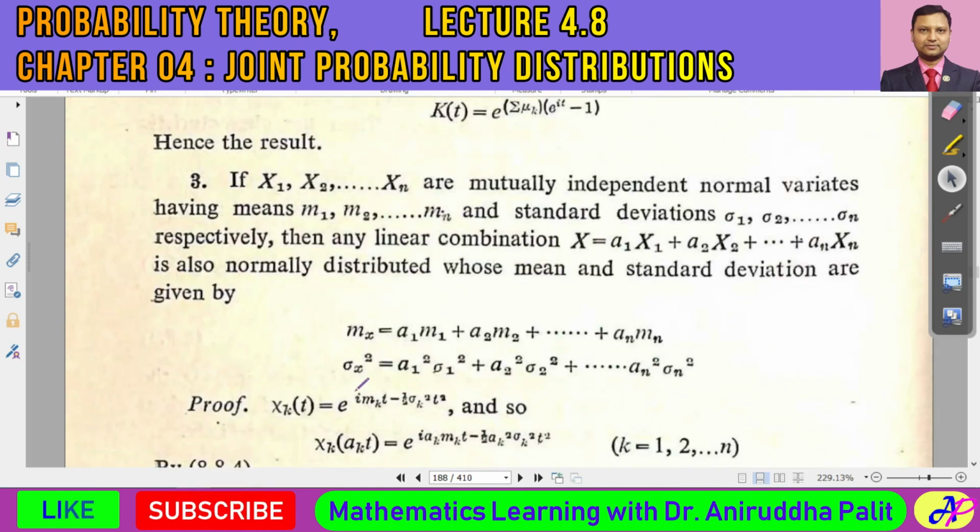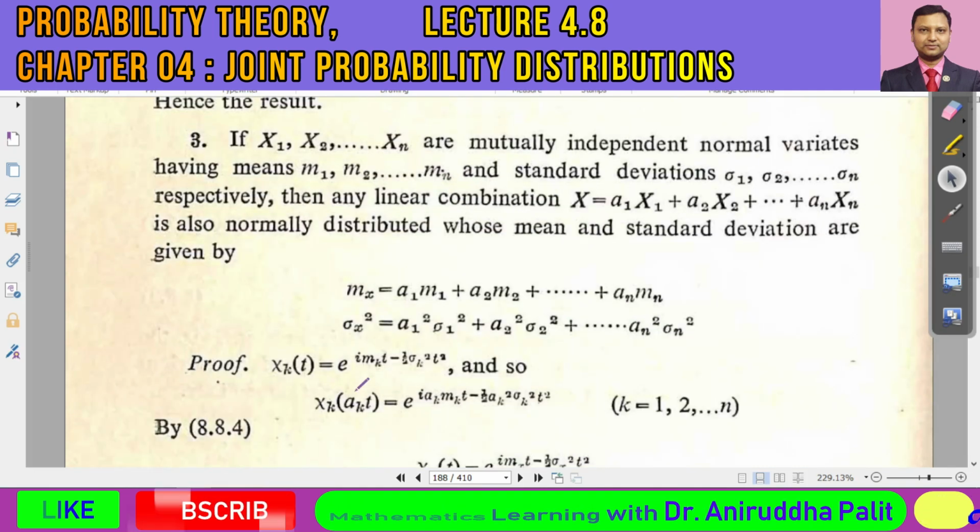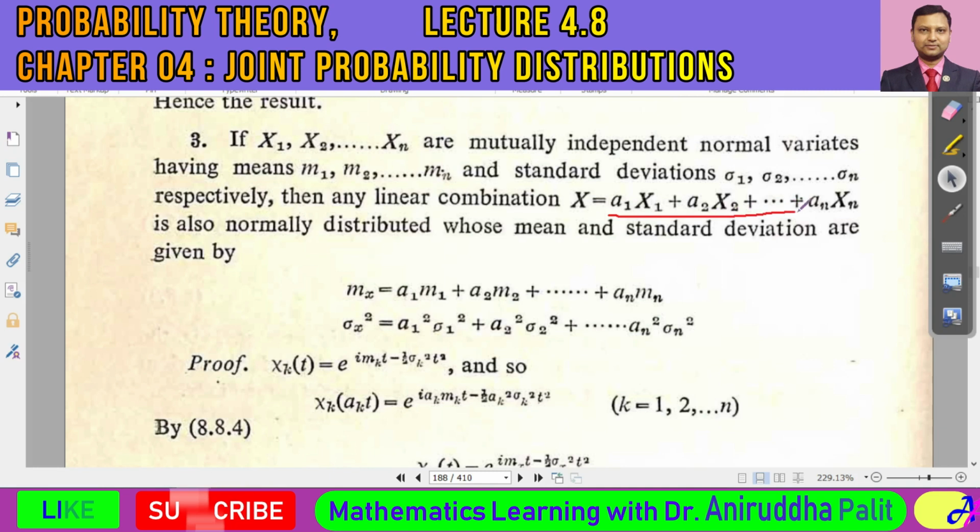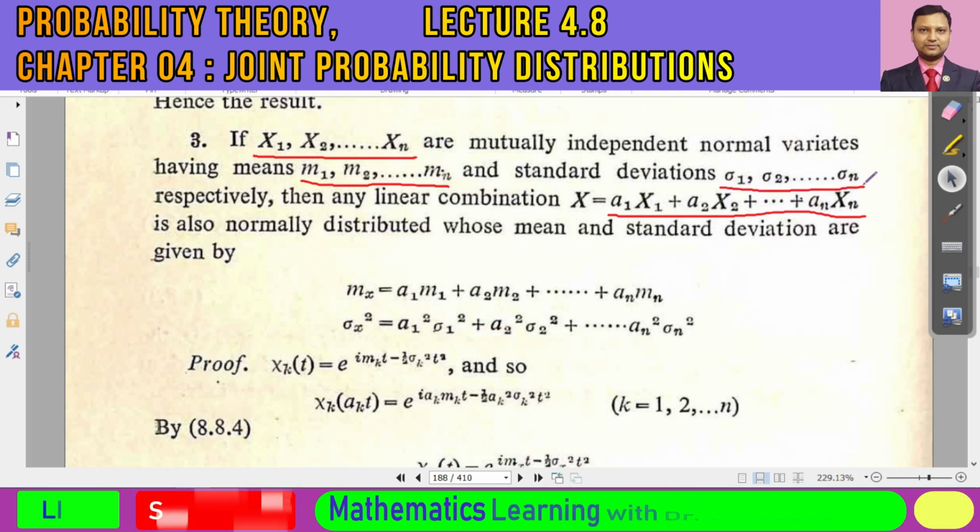We can consider the same type of proof for normal distributions, but over here we are considering a more general expression, a linear combination in case of normal distributions. We consider a finite number of mutually independent normal variates x1, x2, xn, whose mean values are m1 to mn and whose standard deviations are sigma 1, sigma 2, dot dot dot, sigma n.